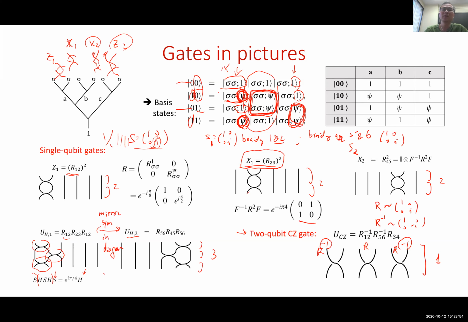Let me just write here, braiding 3 and 4, you will have a gate which is identity on 0, 0, right? It would also be identity on the 1, 1, but would have a non-trivial i in between. This already can be used to entangle qubits, okay?